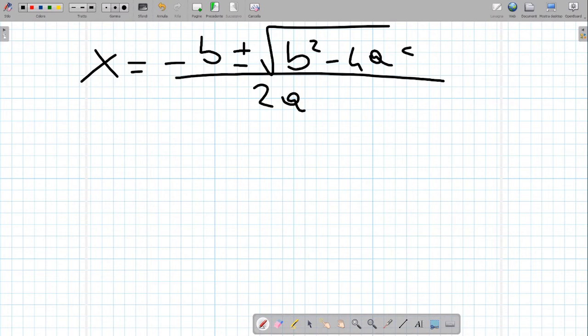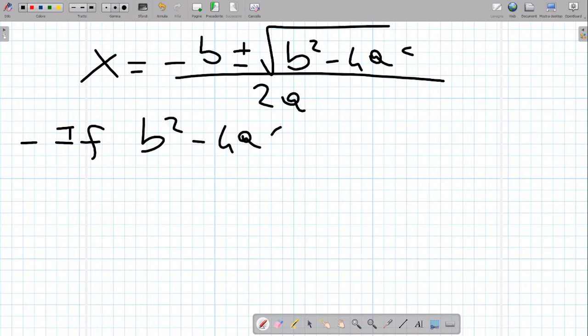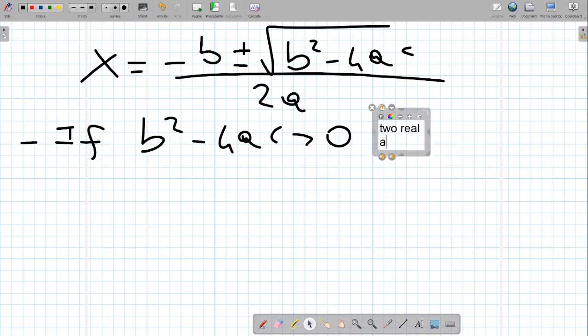We have already said this yesterday, but let's see the translation of that into the plot of a parabola. So we said yesterday that if we have positive delta, so if b power 2 minus 4ac is positive, then we have two real and distinct solutions.